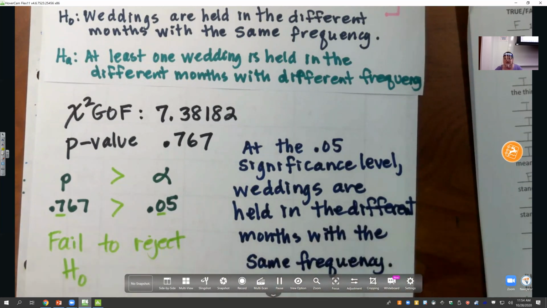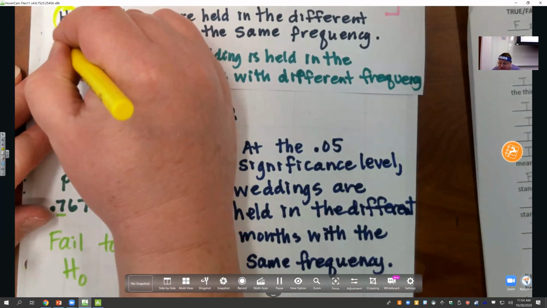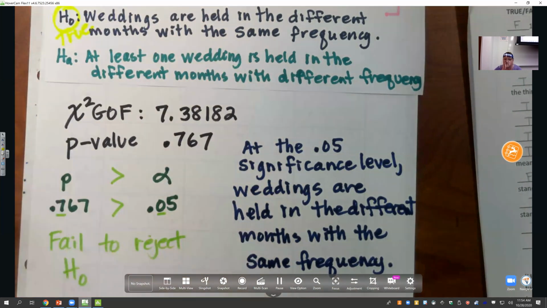Now, hopefully that's obvious, because we said we would fail to reject the null, which means the null hypothesis is true, which is the statement that I wrote.